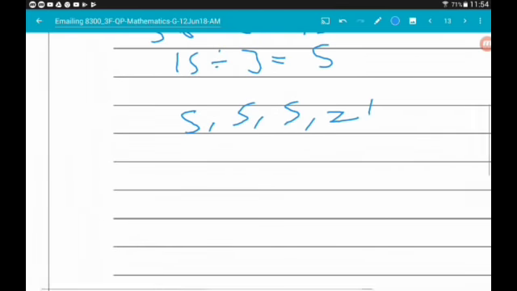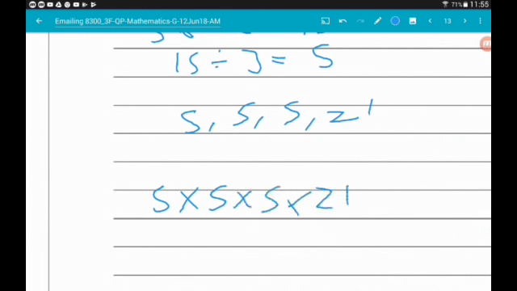So we want to work out 5 times 5 times 5 times 21, which gives us 2,625. Cool.